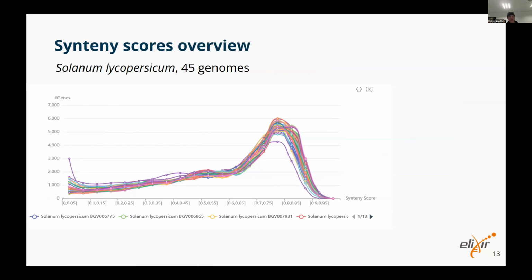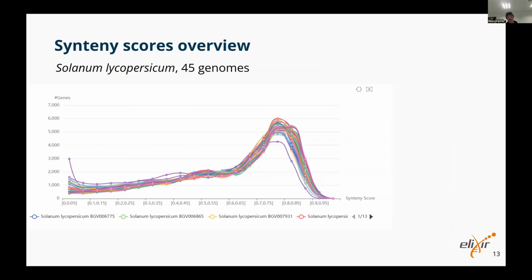What we can also do is create a histogram. On the x-axis, you can see the bins of the different synteny scores, while on the y-axis, you indicate the number of genes present within each bin. What we can see in this example, which is for tomato, is that the overall pattern is pretty much conserved.